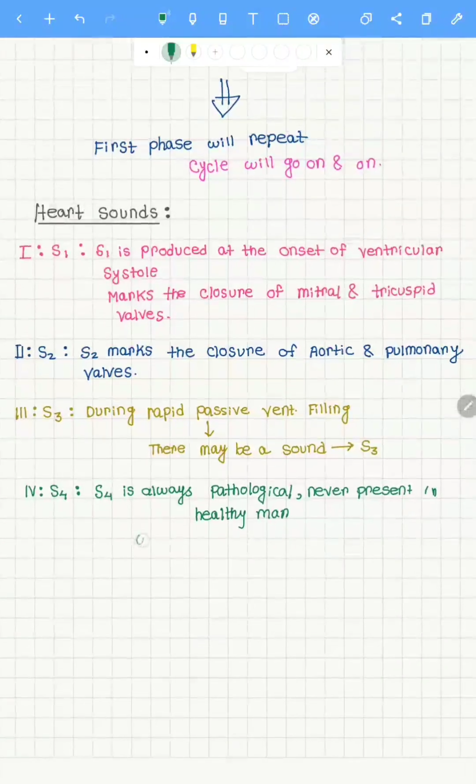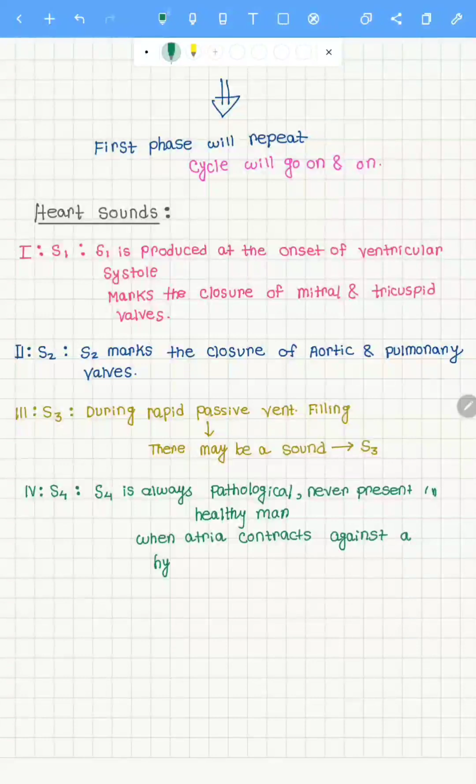So when atria contract against a hypertrophied ventricle. Now, what is hypertrophied? Hypertrophied is nothing but enlarged. If your ventricle is enlarged, it is called hypertrophied. So when atria contract against a hypertrophied ventricle, they have to put in extra effort.